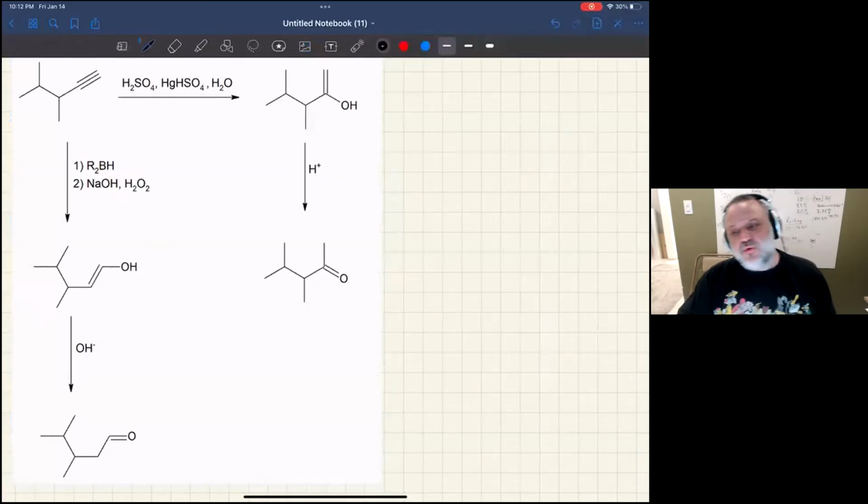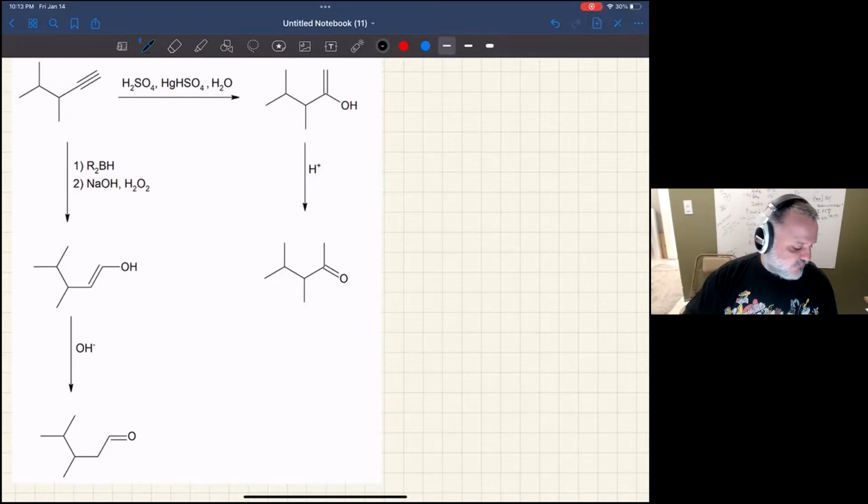Okay, one of the important mechanisms in the alkyne chapter is the tautomerization of enol to ketone or aldehyde. And so what this question is asking us to think about is that tautomerization can happen from a base catalyzed perspective or from an acid catalyzed perspective.